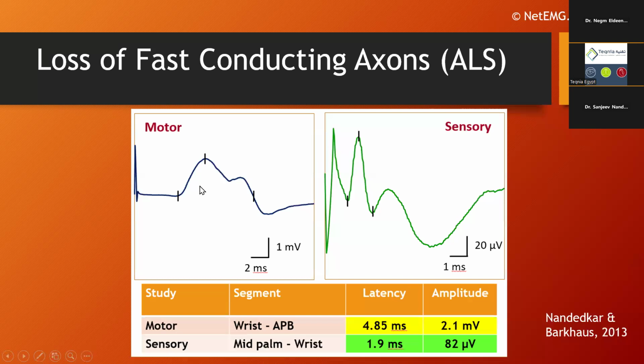So in this case, we have lost a lot of fast conducting motor axons as expected in the patient with ALS. So you get normal sensory, but a delayed motor. This is not an evidence of carpal tunnel syndrome or anything. So watch out when you are looking at latency and velocity in ALS patients who have very tiny responses. Let's not overinterpret.